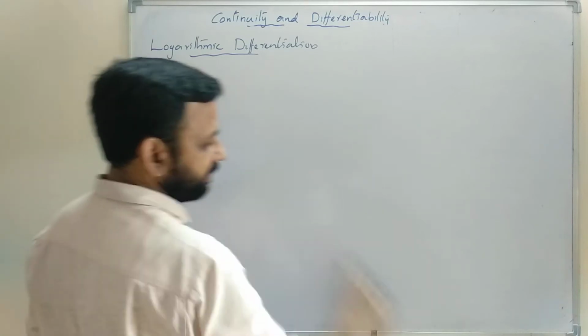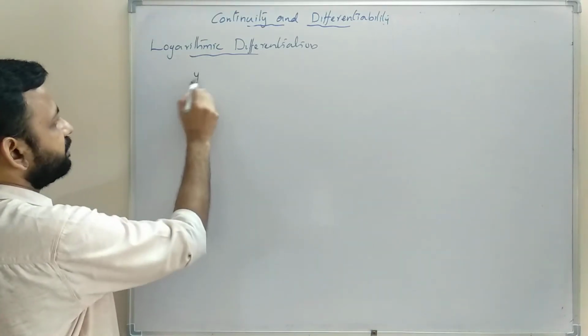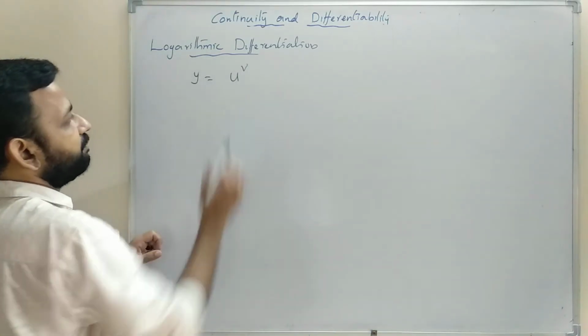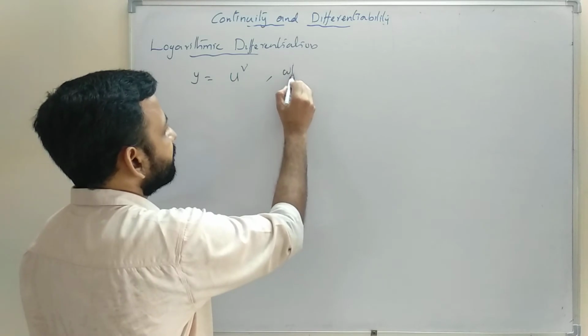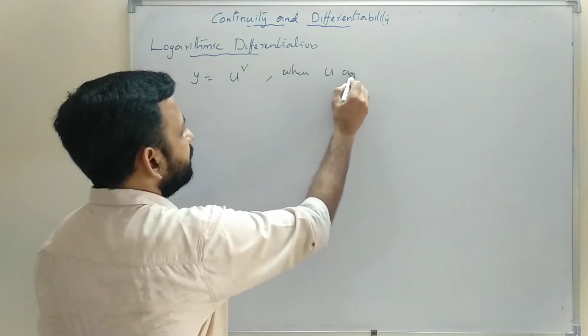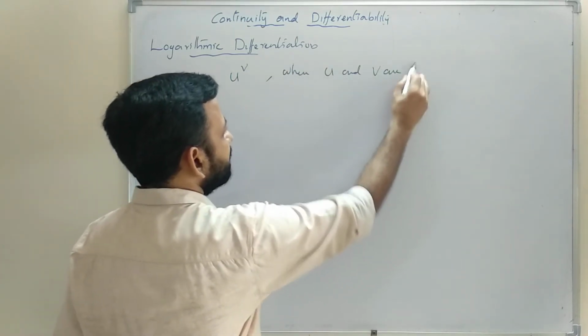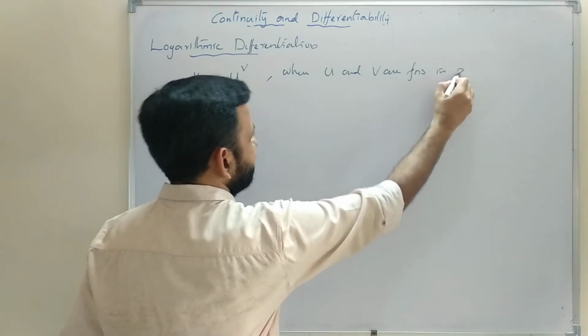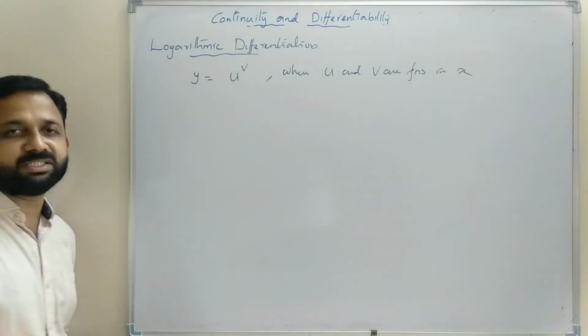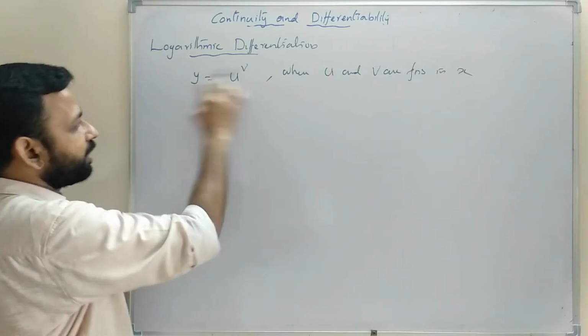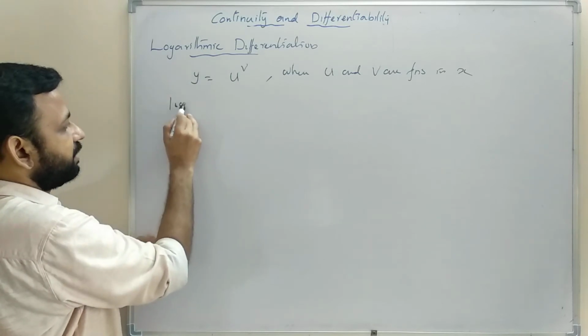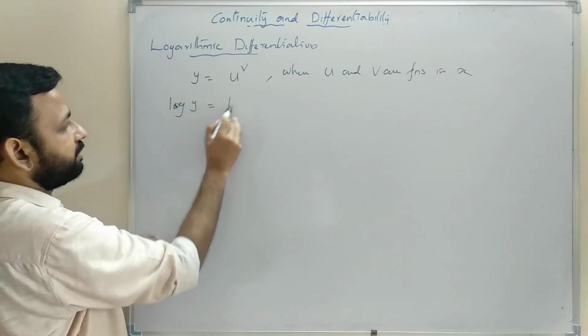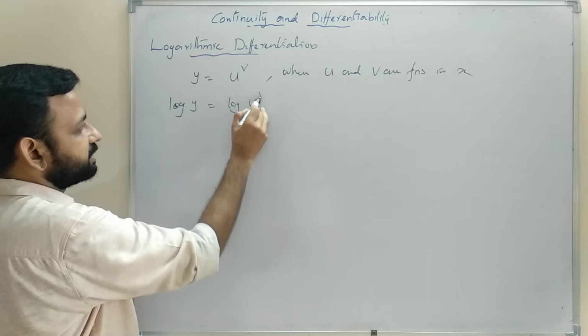So the function will be y is equal to u raised to v form, where u and v are functions in x. Now we can take logarithm on both sides. Logarithm of LHS is equal to logarithm of RHS.